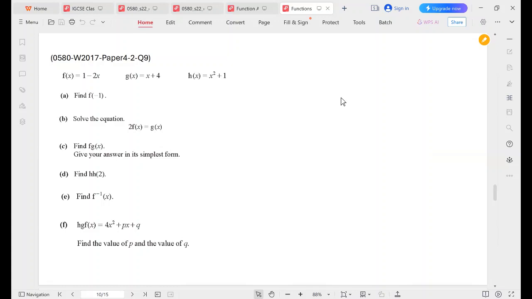In F, we are required to find h of g of f of x. So h of g of f of x. We begin with g of f of x first. So g of f of x equals g of 1 minus 2x, and this is the same as 1 minus 2x plus 4.